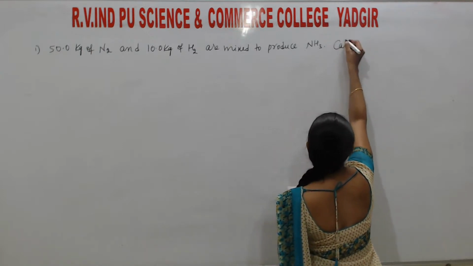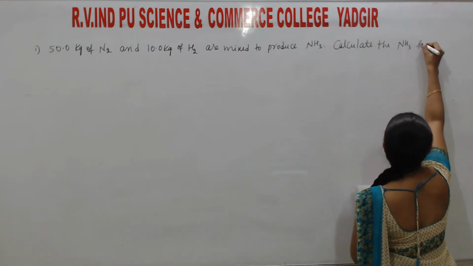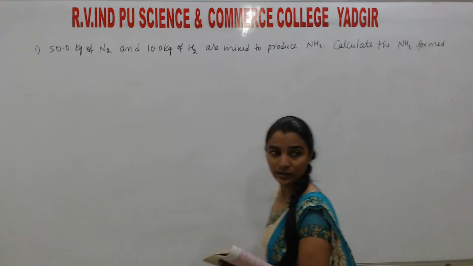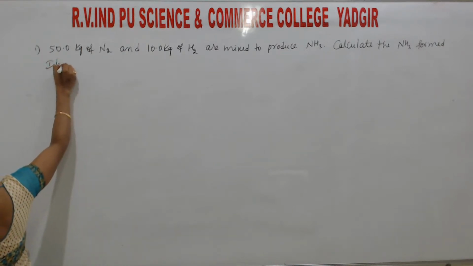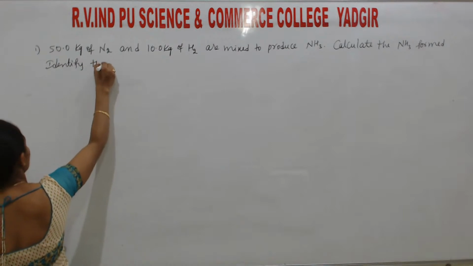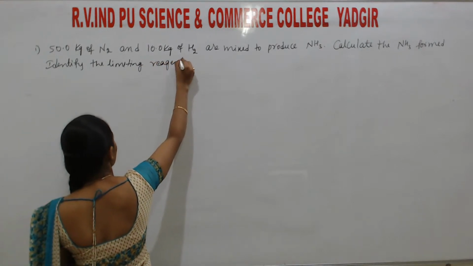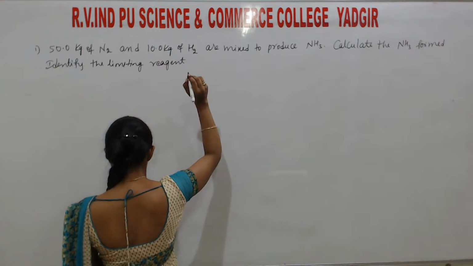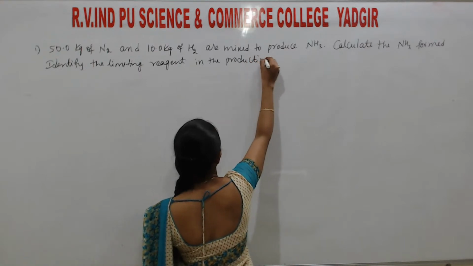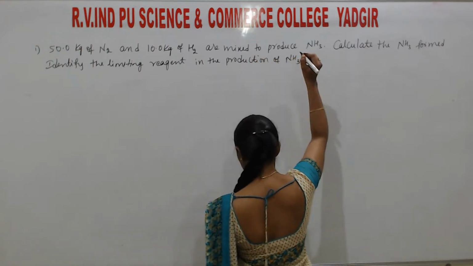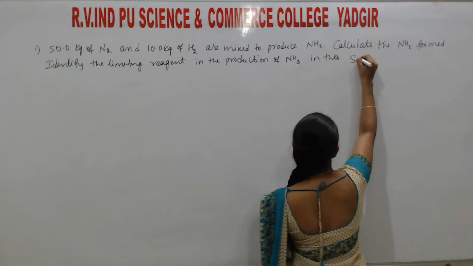Calculate the NH3 formed. Identify the limiting reagent in the production of NH3 in this situation.